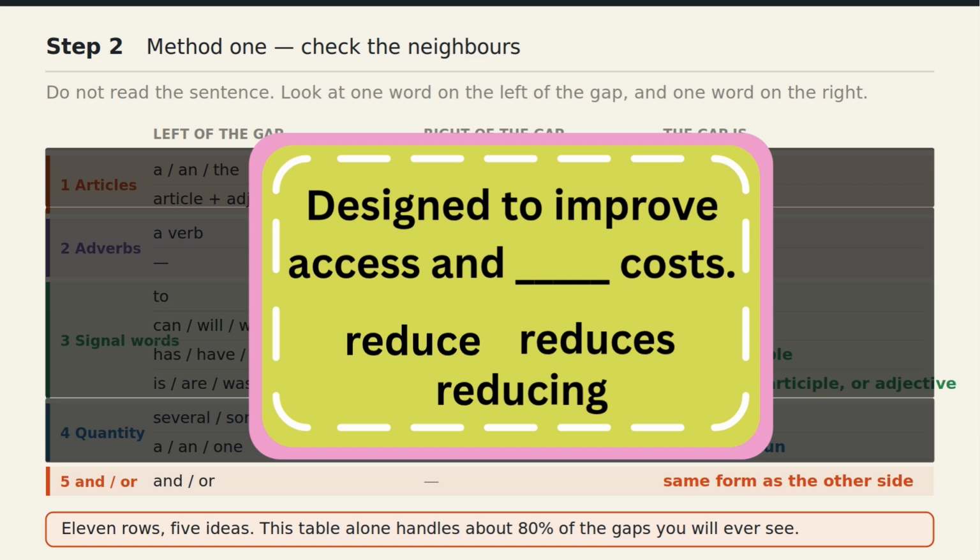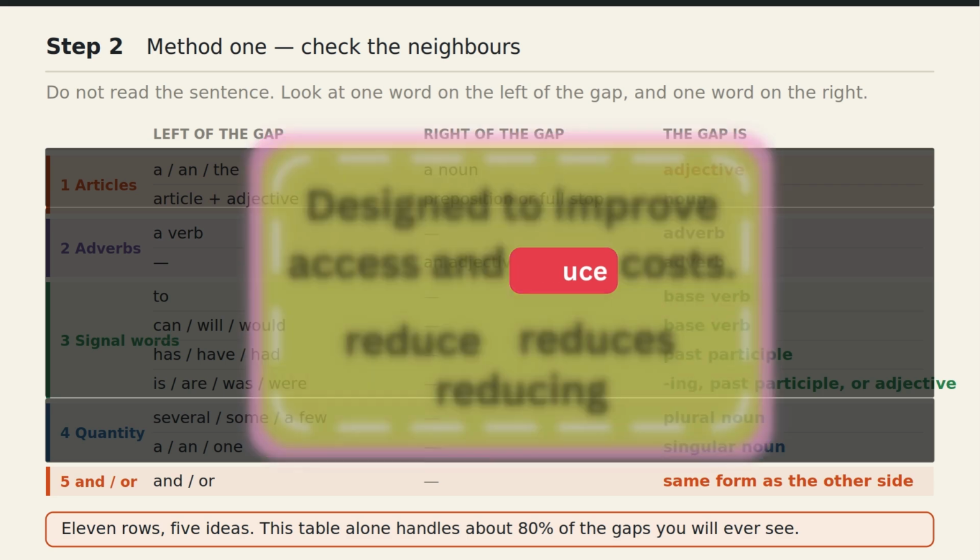Look across the "and". What's on the other side? Improve, a base verb. So the gap should also be a base verb. Reduce. That's it. You're basically copying the form across the "and", and this is one of the fastest clues you can get in PTE.